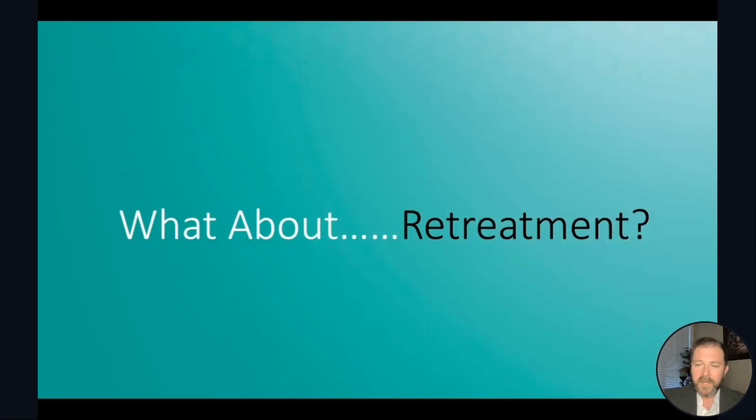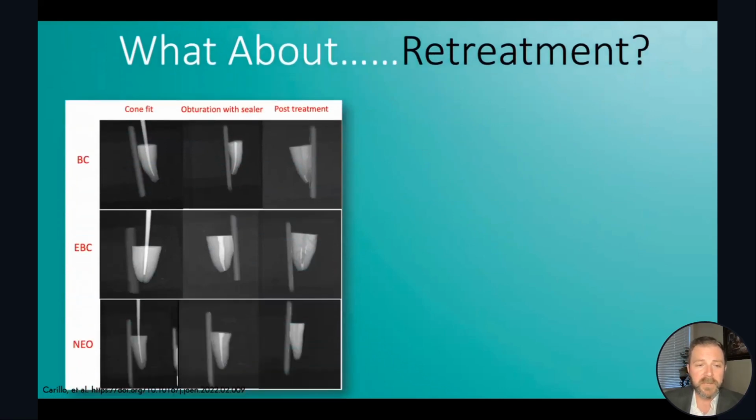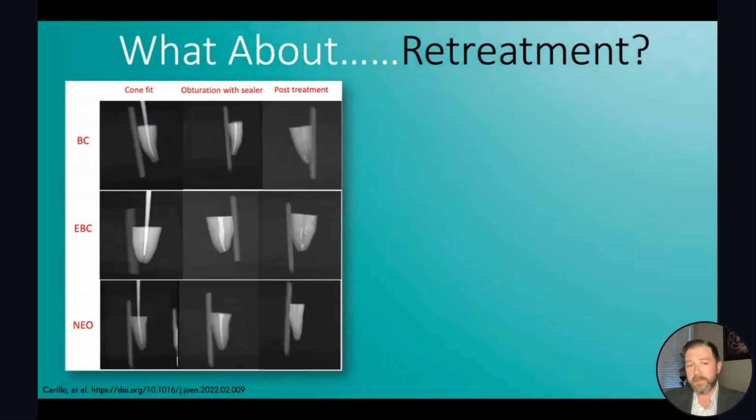Interestingly, we've heard a lot about retreatment of bioceramics. The classic work from Hess back in the early 2000s is that it's really hard to retreat these materials, especially if there's an apical plug of sealer beyond your gutta percha. I thought there was a really nice study that came out recently, again from Carrillo and Dr. Tim Kirkpatrick at the University of Houston.